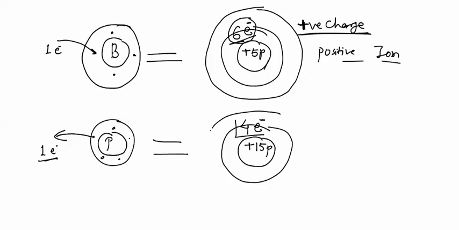And if we see this material overall, we will see there are 14 electrons and 15 protons. There is one more positive charge.